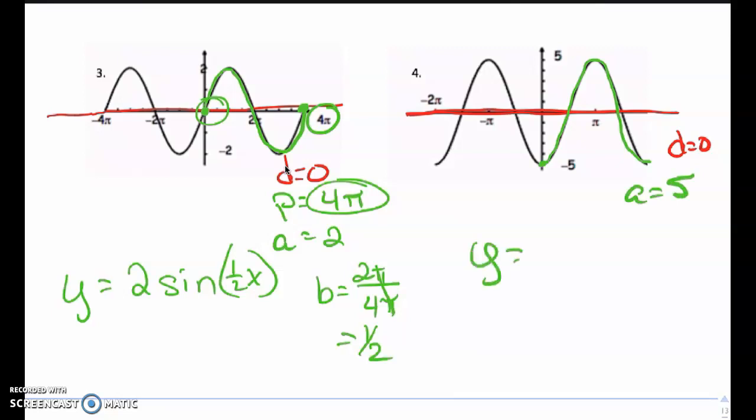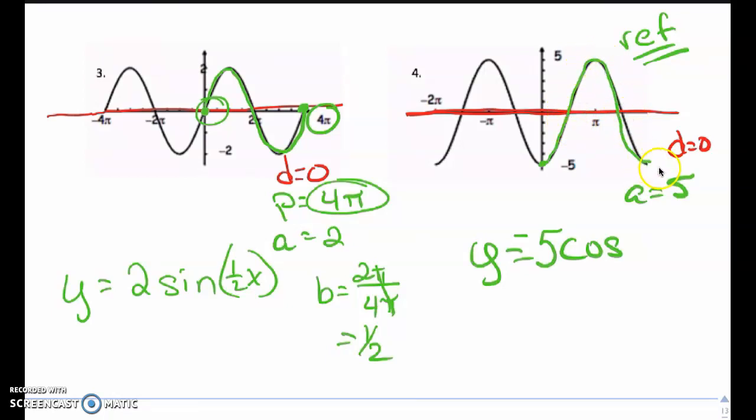I know it has to be cosine, and since I know there has to be a reflection, then that is going to have to be -5 cosine of something. Okay? Now, it might be a little hard to tell, but if we're here at 0 and then up here we're at pi, this must be 1/2 pi.